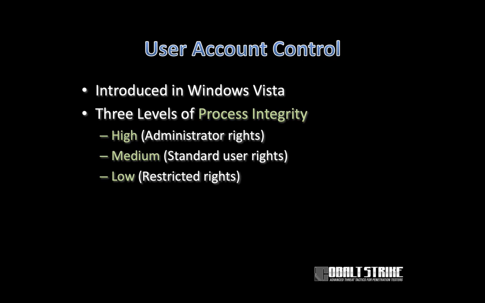One of the ideas with user account control is that a process context has a concept of process integrity. And you may have heard of low, medium, and high integrity process context. A medium integrity process context is one that has standard user rights. A high integrity process context is one that has administrator rights.